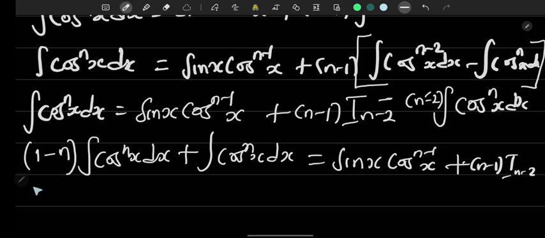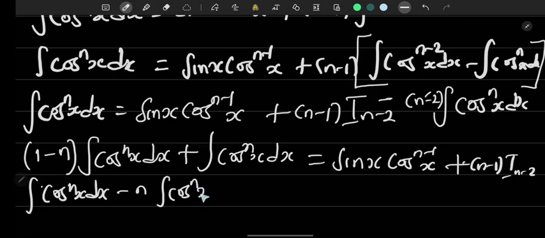And of course, by the time you use this 1 minus n to expand, you have the integral of cos^n x dx minus n times the integral of cos^n x dx. So that's going to be n minus 1.